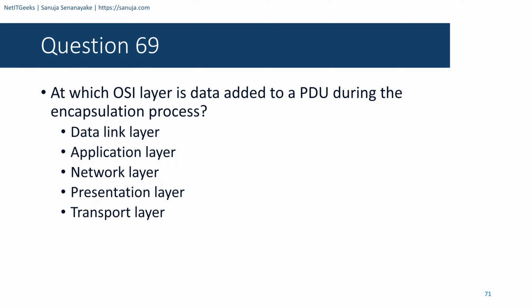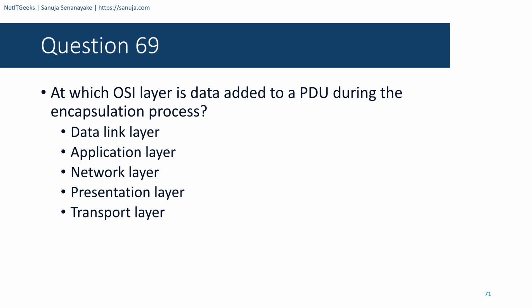Question number 69. At which OSI layer is data added to a PDU during the encapsulation process? Again, another question related to the OSI layer. This is why you need to remember your OSI layer and the TCP/IP model for your exam questions, because this is going to come up over and over.